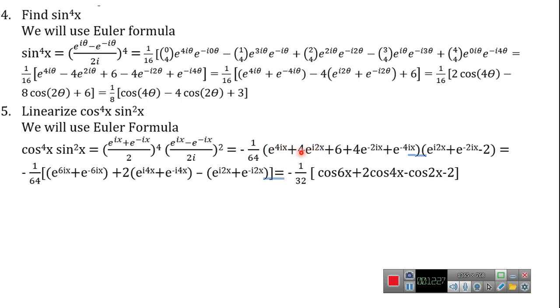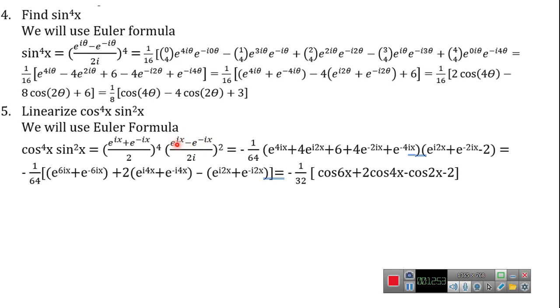We did it above using combination. If you do it using combination, you're going to get this one. No need to do it. In combination, you're going to do the same one. The first one you start by the highest power, e^(4ix), e^(-0ix), etc. You can check it by yourself.